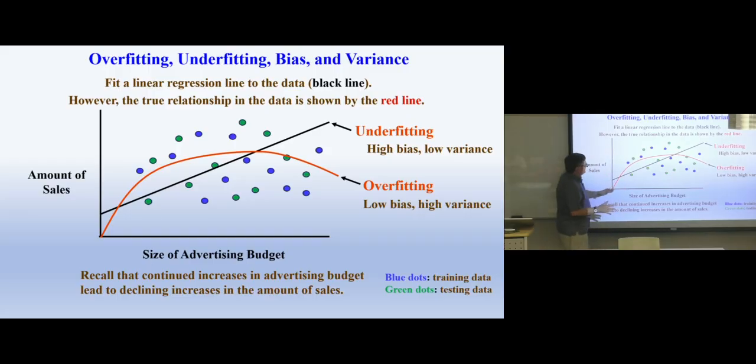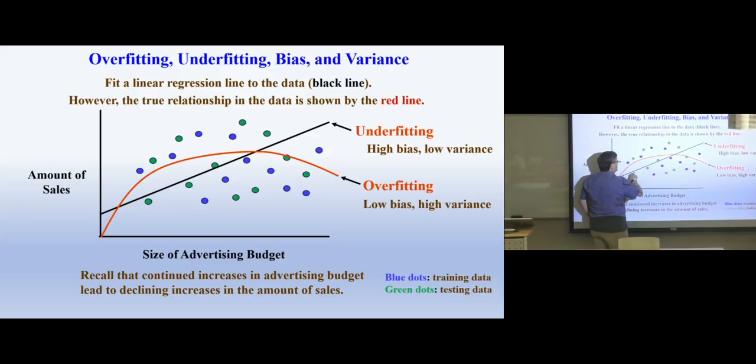So, ostensibly, you could put a line in, something like this, just arbitrarily, to show that as I increase advertising budget, the amount of sales increase starts declining. Doesn't mean that sales decline, but the amount of increase declines, which is essentially what this red line is trying to do. Well, you're overfit here with this line.